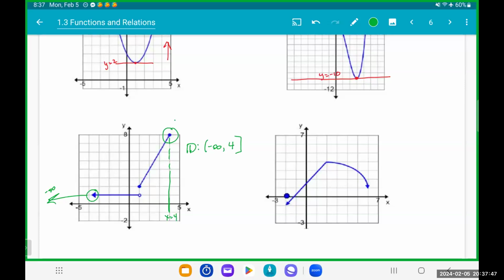Now let's look at our range. Our range is our y value. So our y value can be this right here, right? And that is y equal to 1. And then here and everything above, but stopping here because it can only go here and below, right?